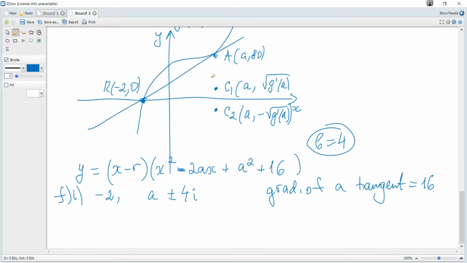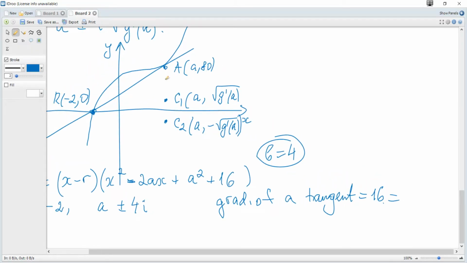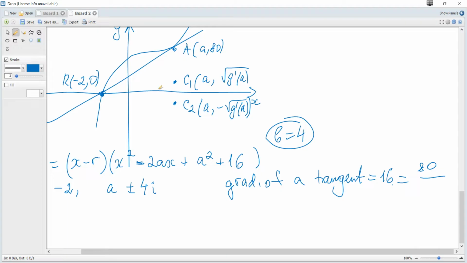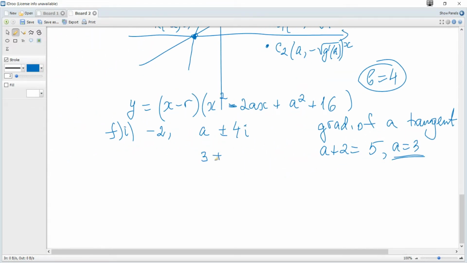We can also find the gradient directly from the graph as rise over run. Rise is 80, and run is a minus negative 2, so a plus 2. Hence a plus 2 is 80 over 16, which is 5, so a is 3. So the roots are 3 plus minus 4i and negative 2.